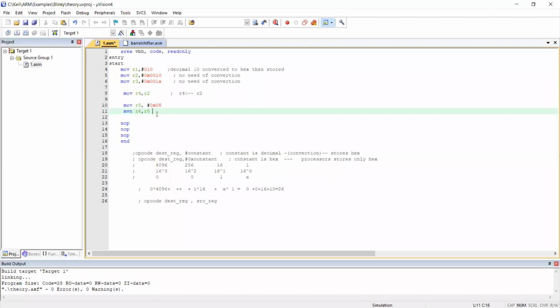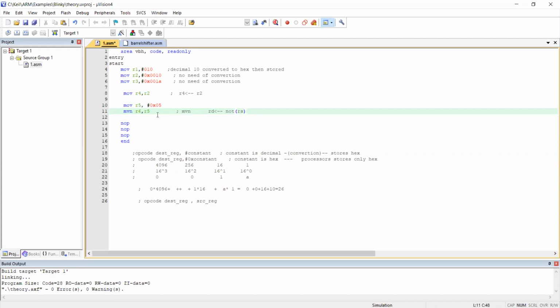So I will write some comment here. Please check. MVN works like this: Rd equals not of Rsource. R destination equals not of R source.